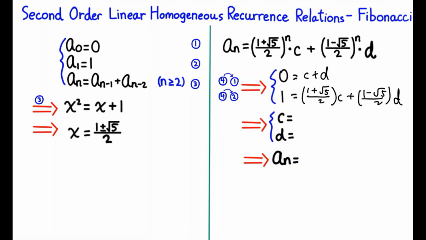By solving these two equations, we get that c is equal to 1 divided by square root of 5, and d is equal to minus 1 divided by square root of 5.